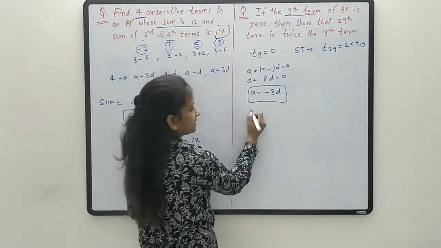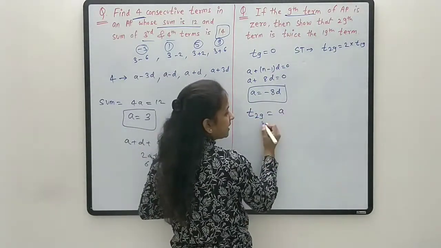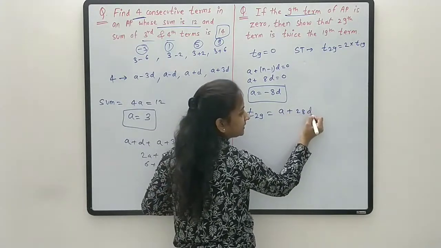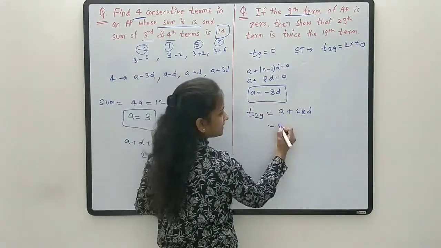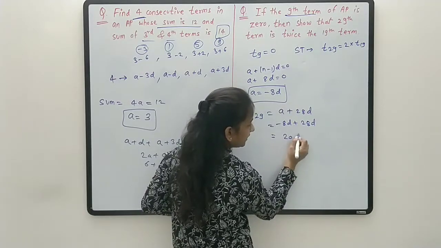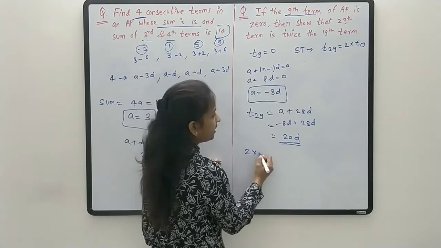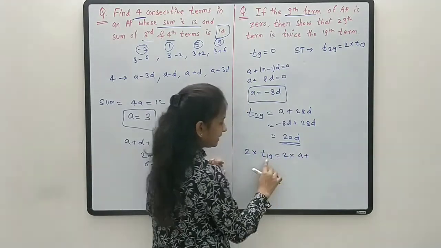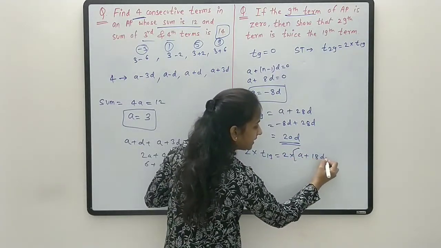Let's take the LHS, T29, the 29th term. This is nothing but a plus 29 minus 1, 28d. Here we can substitute a as minus 8d plus 28d. So this is 20d. This is your LHS. RHS: 2 into the 19th term, 2 into a plus 19 minus 1 d. 19 minus 1 means 18d.